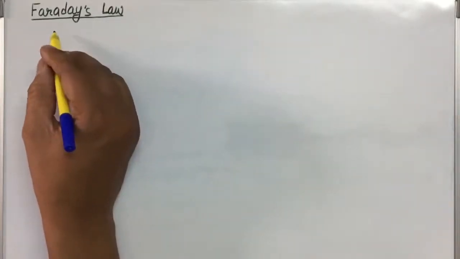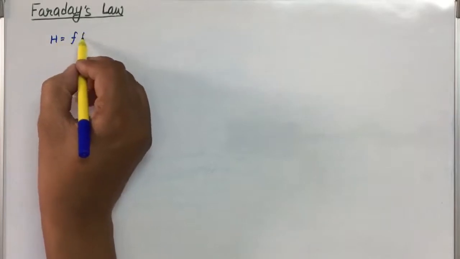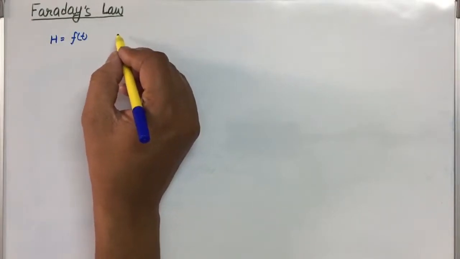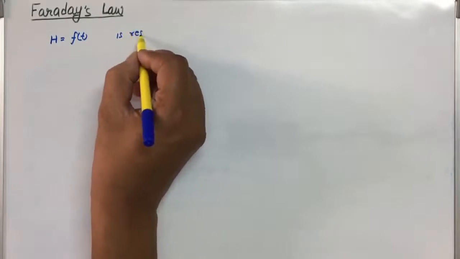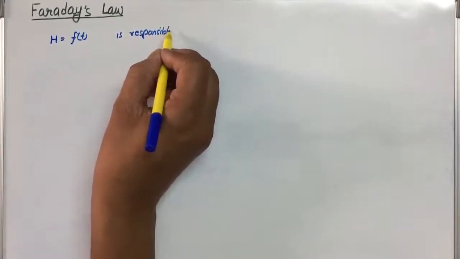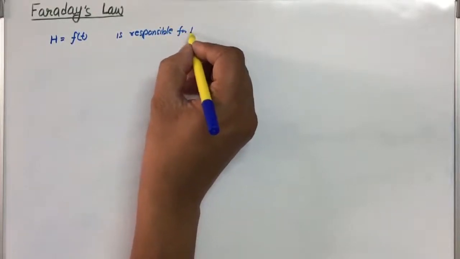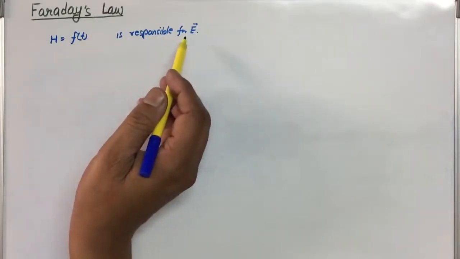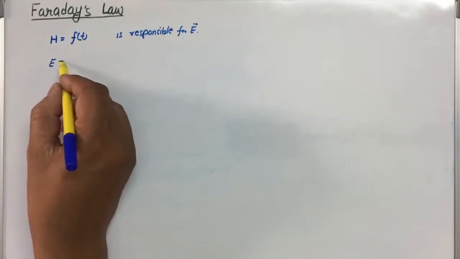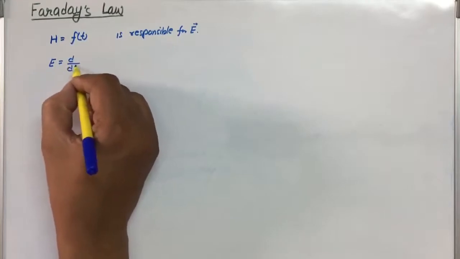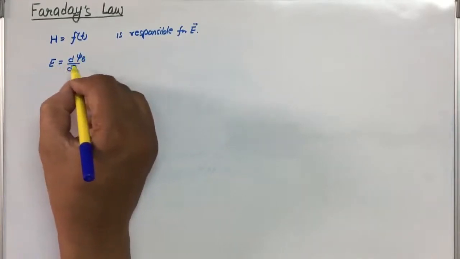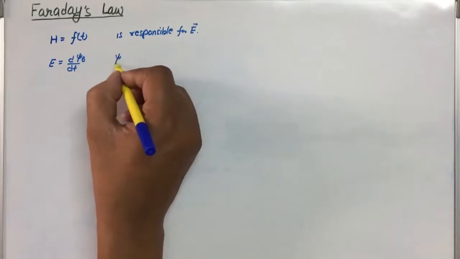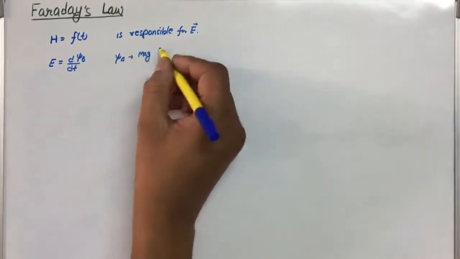So from there we can say the time varying field, which depends on time, is responsible for producing the electric field E. If it is varying, then an EMF will be produced, and that E will relate with this relationship: E will be equal to the rate of change of magnetic flux.